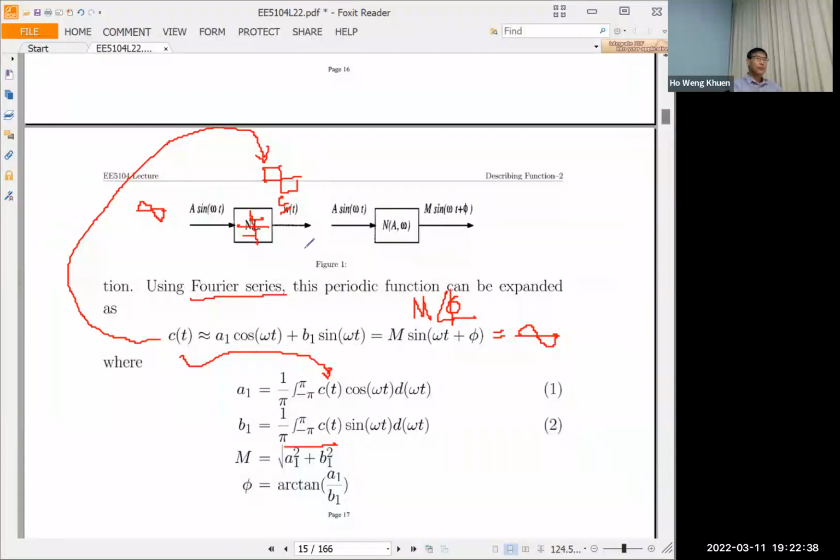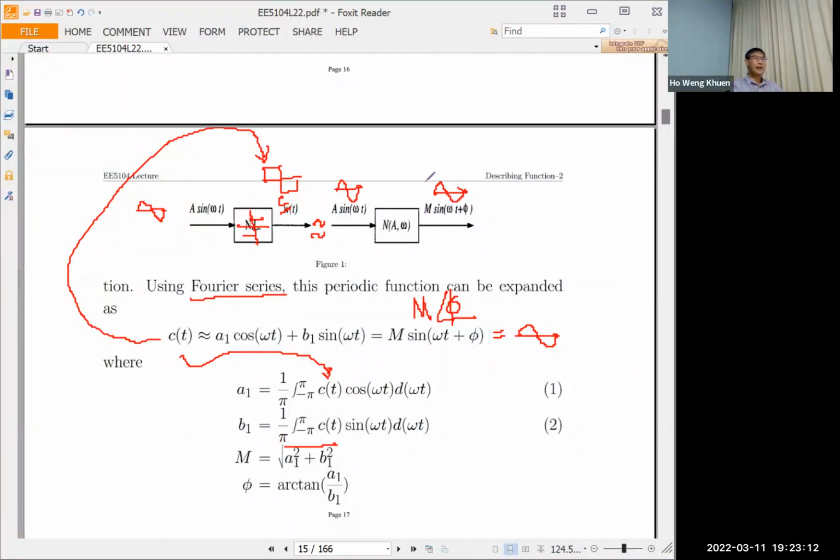So now, back to this block diagram. This is a real system, but for us to do calculation, to do algebra, we will do the approximation by the system on the right. Input is still a sine wave, so there's no change. The output, instead of a square wave, is now approximated by a sine wave of magnitude M and phase phi.